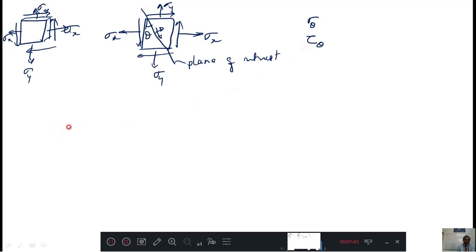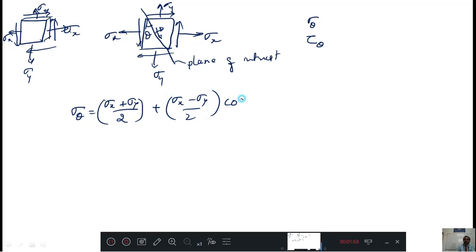Right? And in the last class we derived an expression for sigma theta, that is sigma x plus sigma y by 2, plus sigma x minus sigma y by 2 cos 2 theta, plus tau xy sin 2 theta.